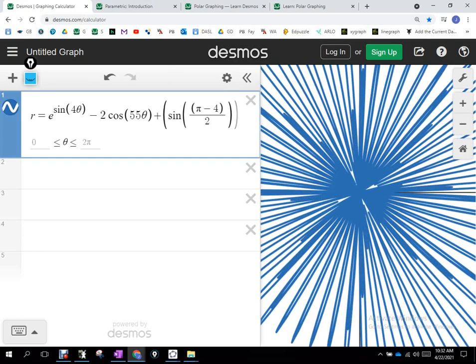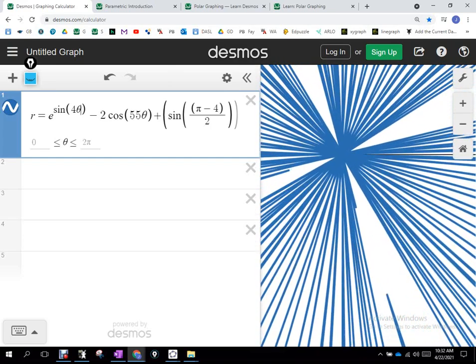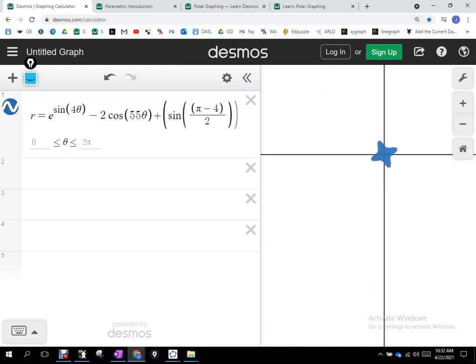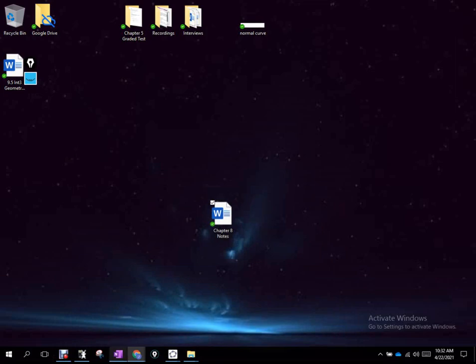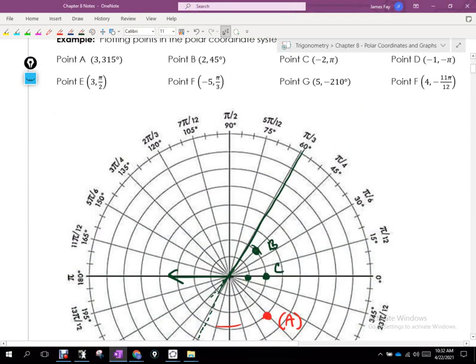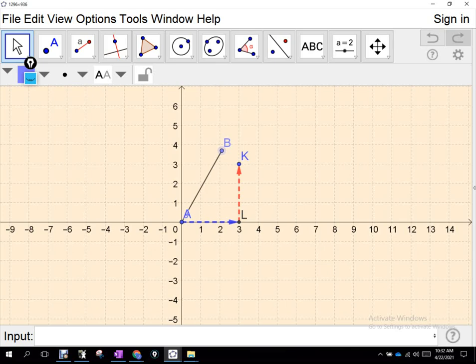We won't talk about too many things that are this intricate, but we will start talking about some polar graphs in the future that are kind of the basics of that. So when we talk about polar graphs, like I said, we were trying to move from this point to that point, but we don't want to move horizontally and vertically anymore. We need to move on a circle, okay? So there's a lot of circles.